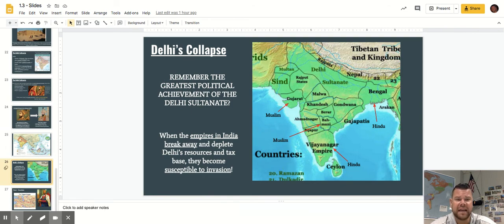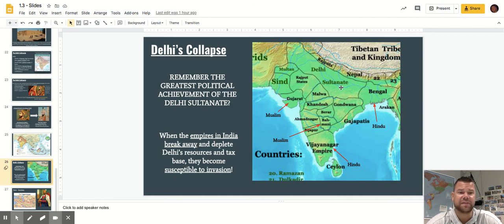But they had two really incredible political achievements. Delhi essentially united this region briefly until the Mughals came in, but they united the region under a Muslim leader.